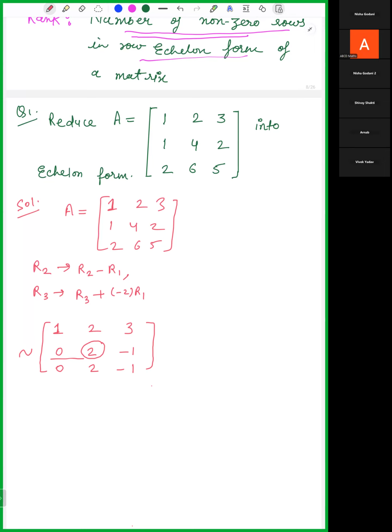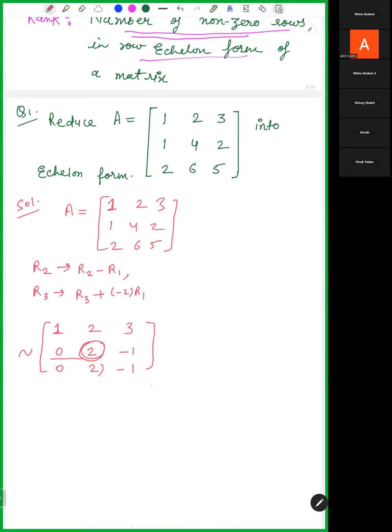I will advise you to make it 1 when the elements below it are not multiples of it or not equal. If the numbers below this element are in the same table, the same or a multiple, then don't make it 1. Make the numbers below it zero.